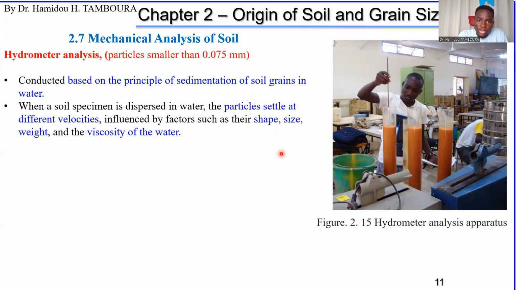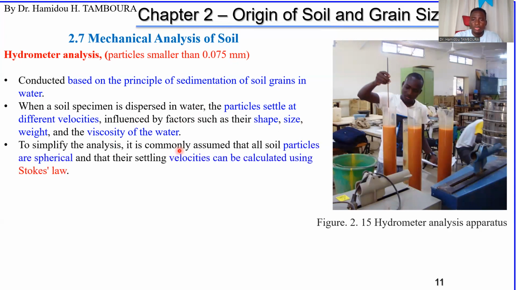Depending on the weight of each particle, they will not settle at the same speed. The settlement velocity is influenced by the shape of the particle, size, weight, and viscosity of the water. To make it very simple, we consider that all soil particles are spherical in shape.